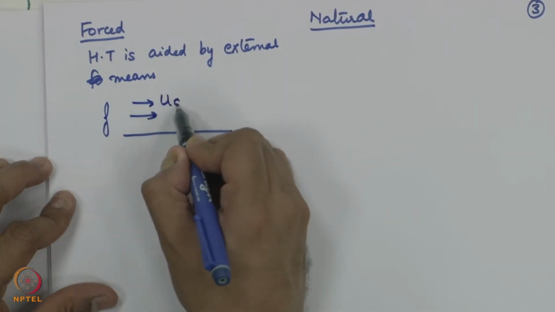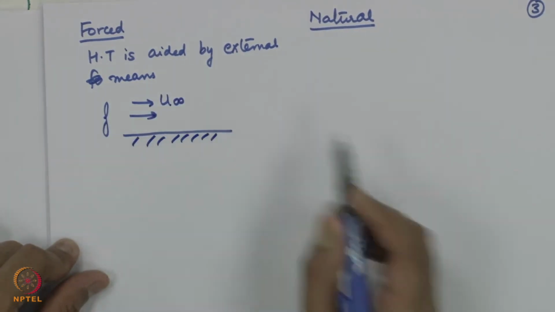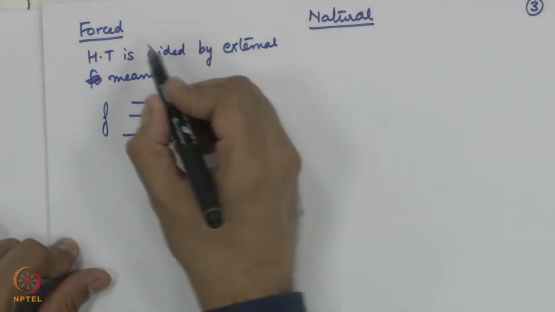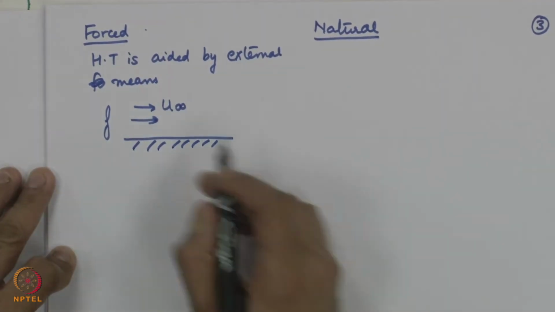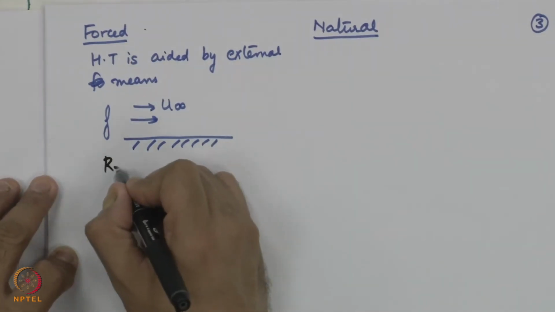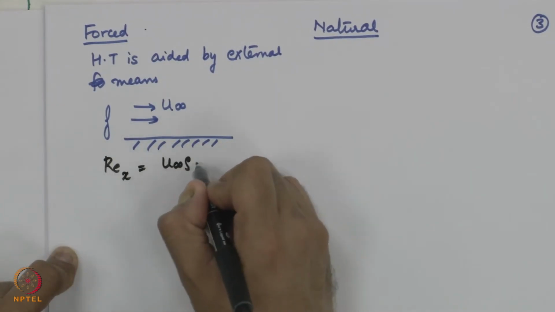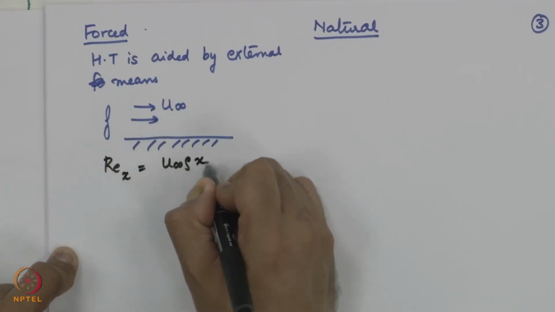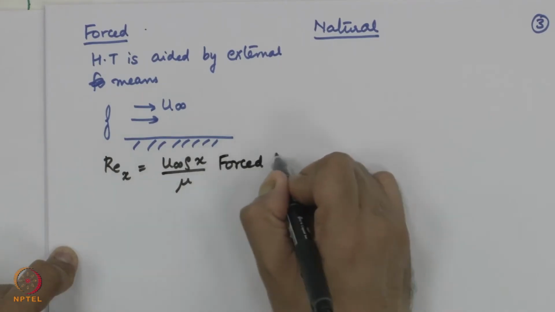So, I have this u infinity. When I have this u infinity indicated, that implies it is a forced convection problem. The moment I see a velocity like this, I have to immediately realize that there could be a Reynolds number, which is given by rho u infinity x by mu. So, this is for forced convection.